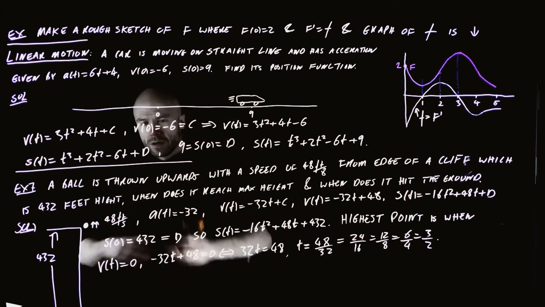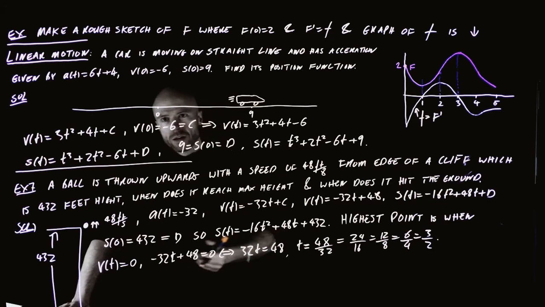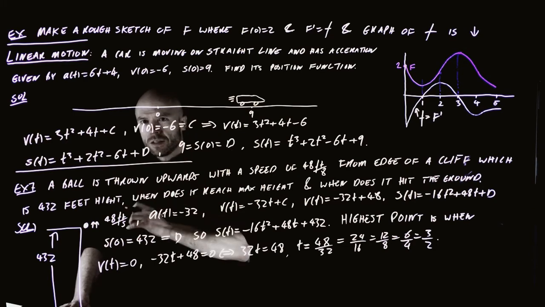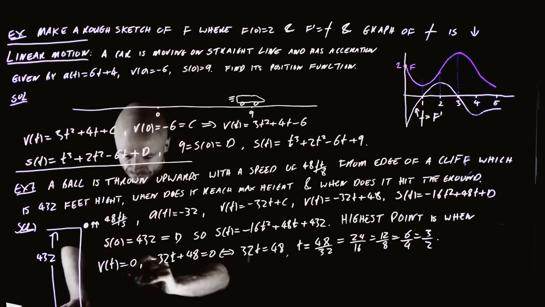So it's a fair simplification to simply find the t for which s of t is equal to 0, and that t will be the t where it actually hits the ground. Okay, so let's do that.